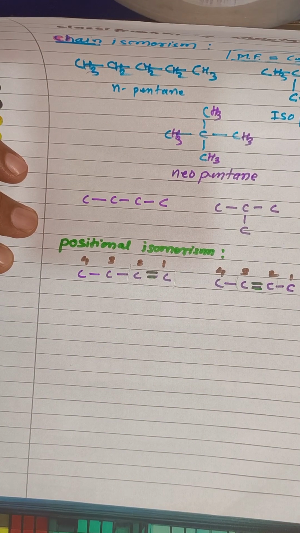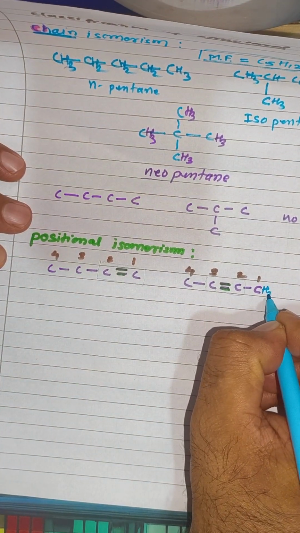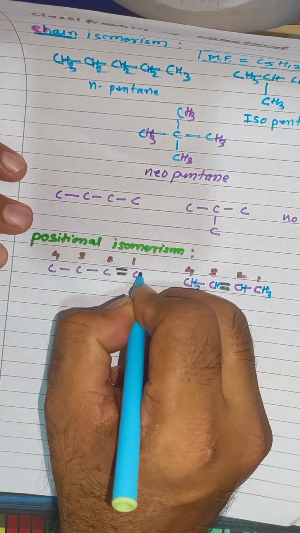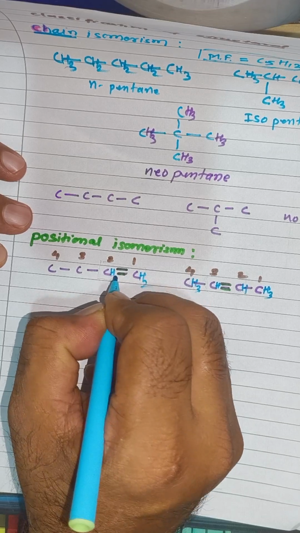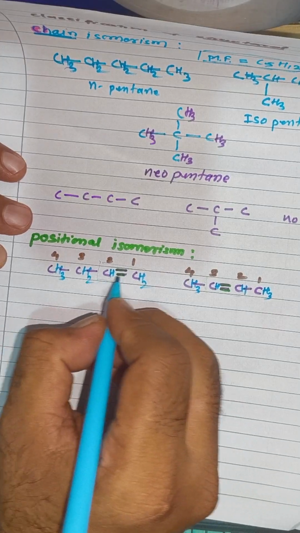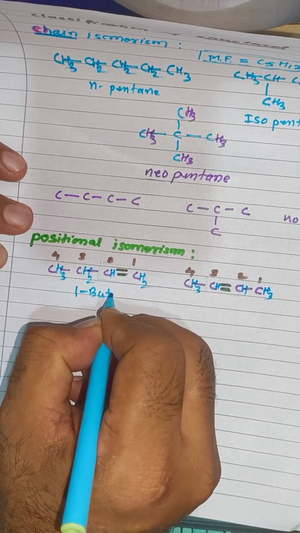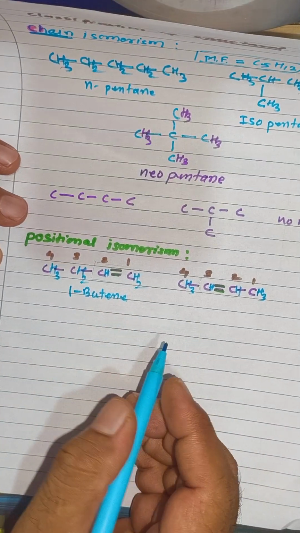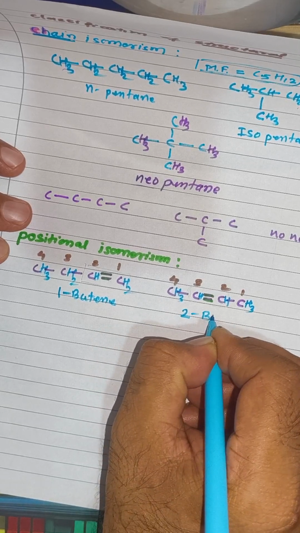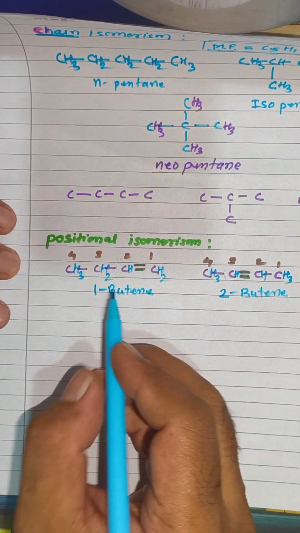Now we can attach the hydrogen atoms. It looks like CH3, CH, CH3, and CH2 here, because carbon has valency 4, so we write it this way. The name of this compound: 1-butene, because the double bond is at carbon number 1, and here 2-butene.